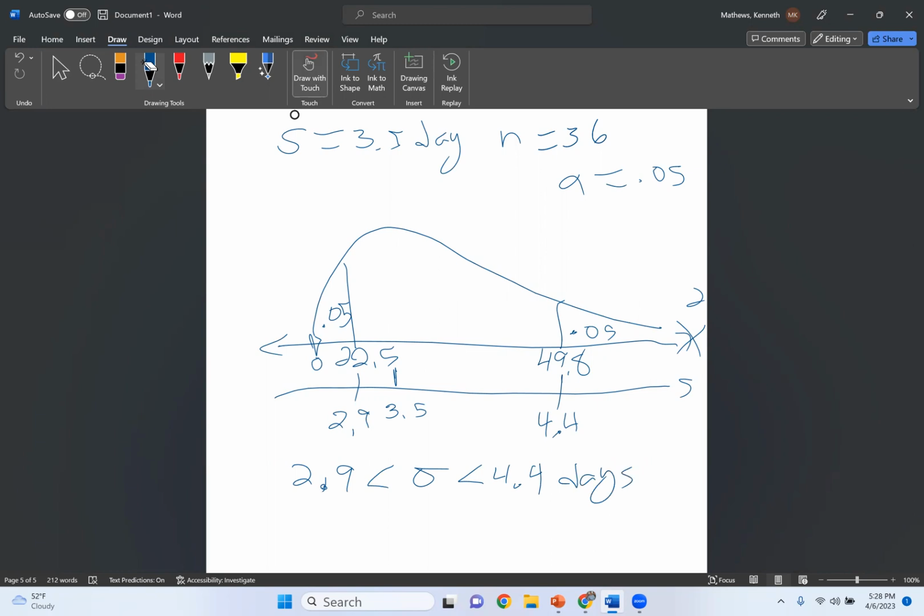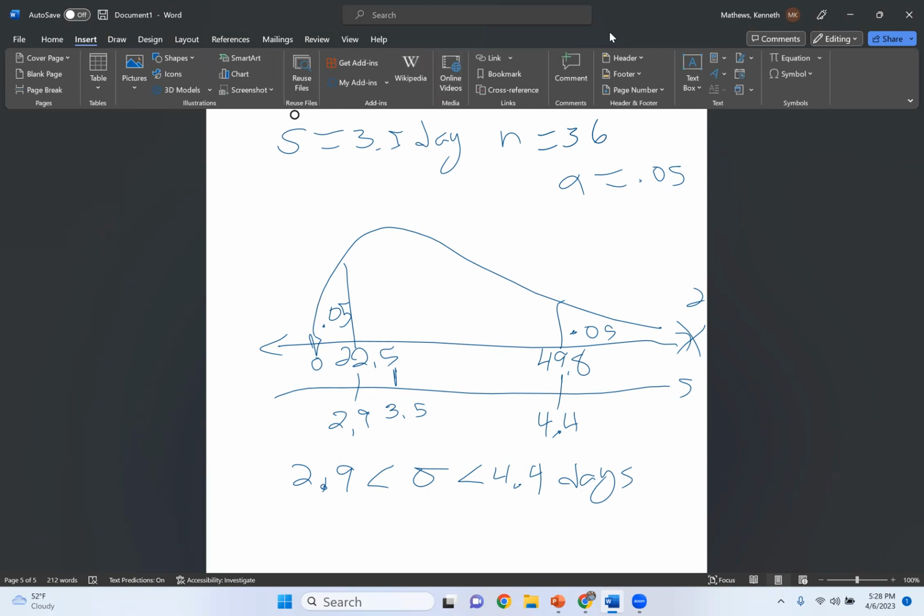So if we want to interpret this, I'm going to use a text box. All right, draw the text box.